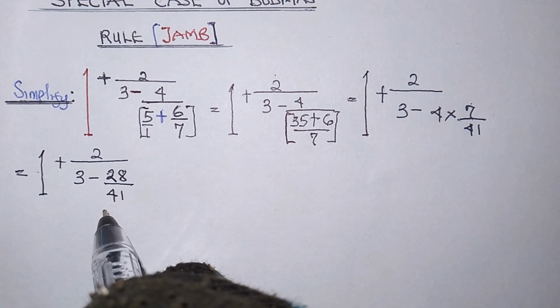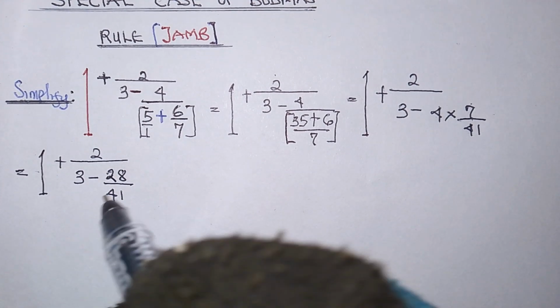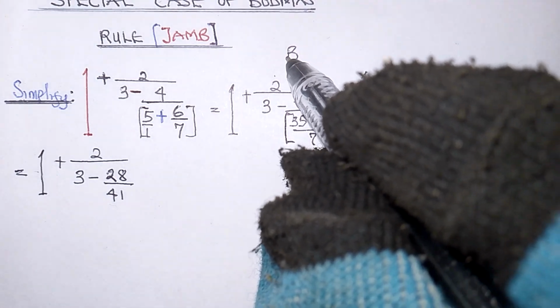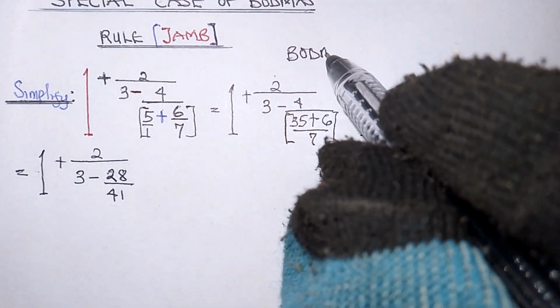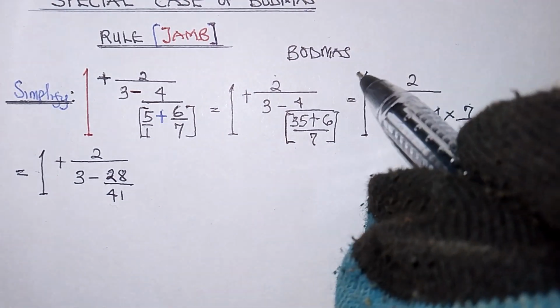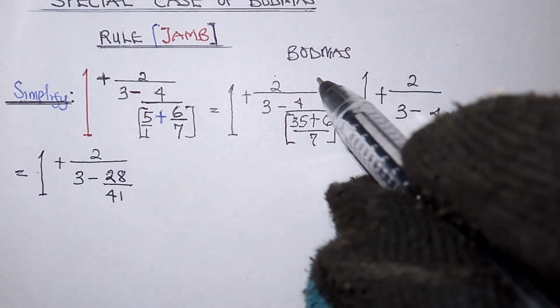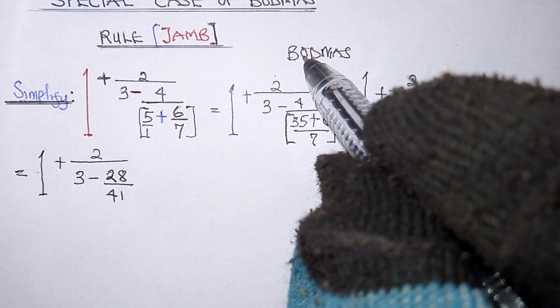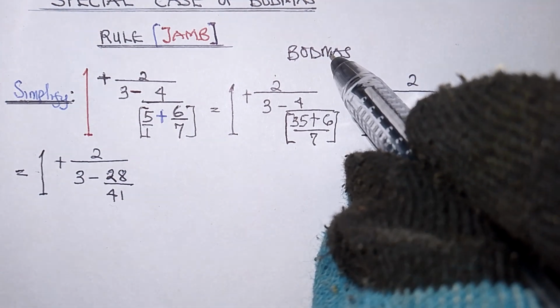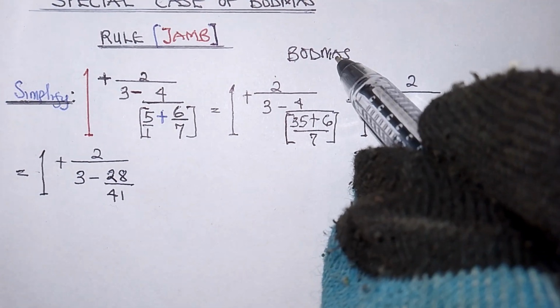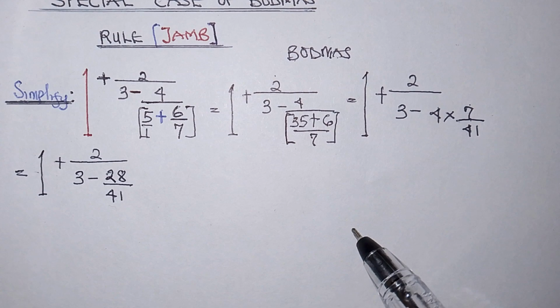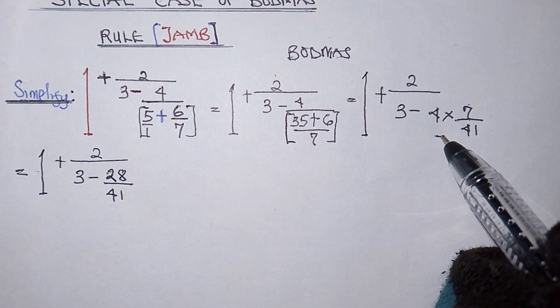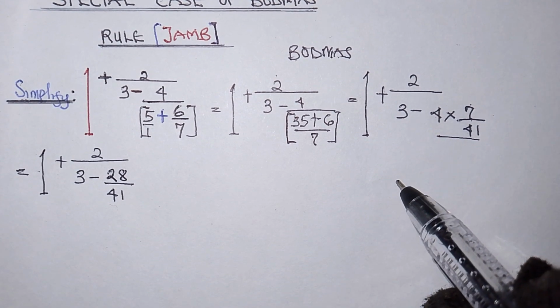Remember, we are adhering strictly to the BODMAS rule. The BODMAS rule, where B stands for bracket, while O is for of, division, multiplication, addition, and subtraction. So we just applied the law of multiplication here.